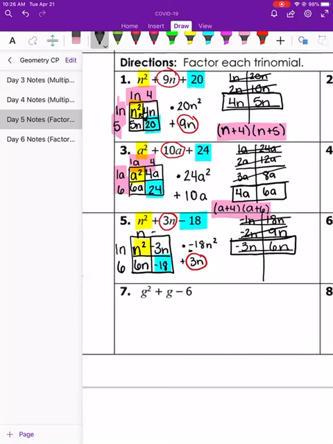Well, I can take a 3 out of 3, and I can take a 3 out of 18. So I can take out a negative 3. So my final answer can be written as n minus 3 from up top and n plus 6 from the side.